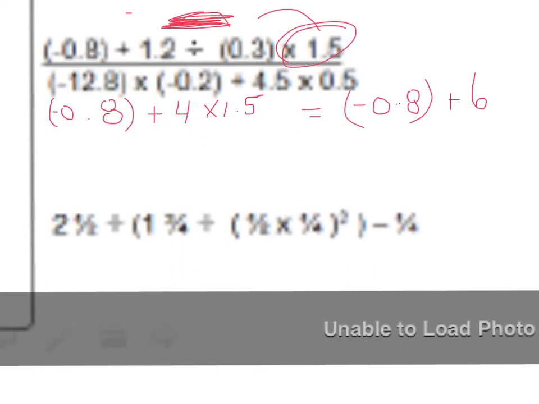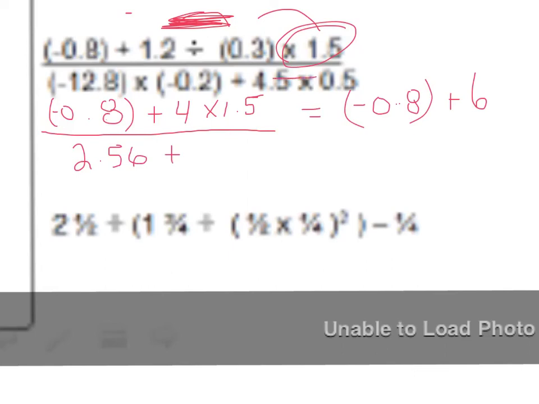You know what, we'll do the bottom part. Let's do the bottom part now. Again, I do the multiplication before addition, so I go 12.8 times 0.2 equals, a negative and a negative is a positive, 2.56. I'm going to add to that whatever I get from this little bit here.